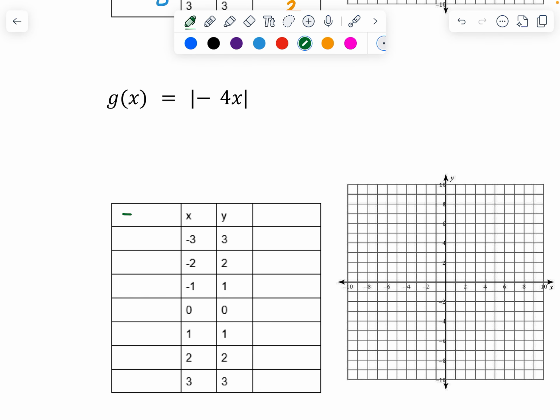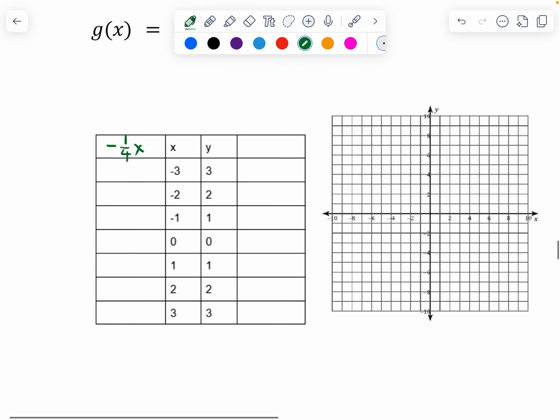So I'm reflecting, and remember we have to do the opposite operation. So -3/4, -1/2, -1/4, 0, -1/4, -1/2, -3/4.